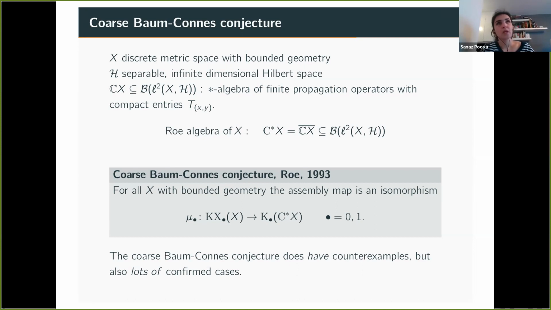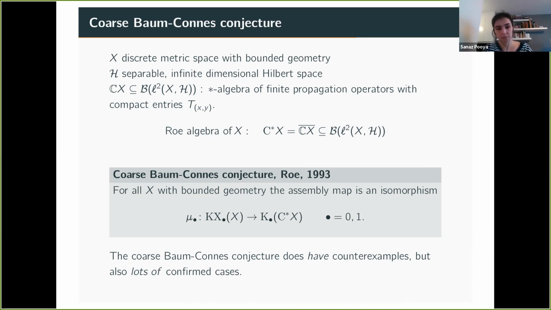And I think Willett and Yu showed that expander graphs with large girth do not satisfy surjectivity of the coarse assembly map. On the other hand, among these confirmed cases is a result by Guoliang Yu, which says that those metric spaces with bounded geometry that can be coarsely embedded into Hilbert space satisfy the conjecture.